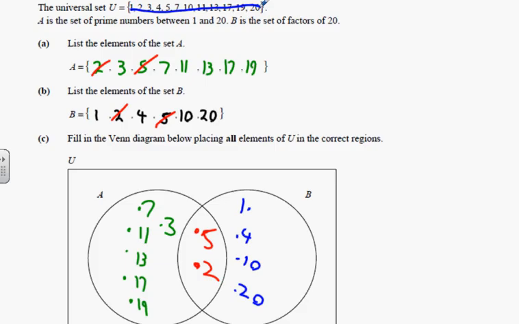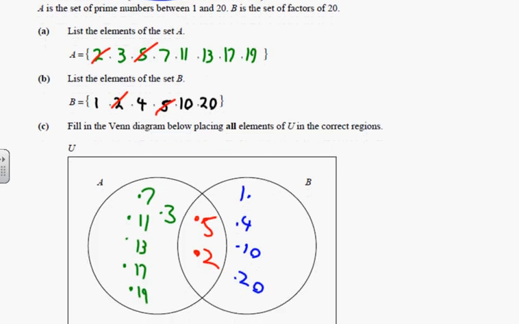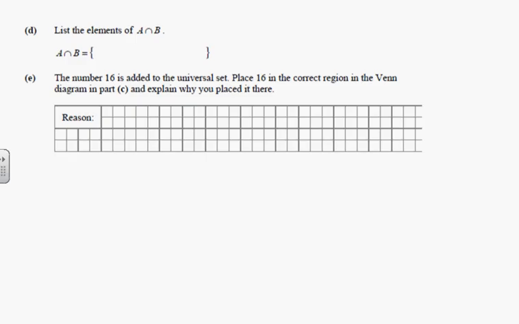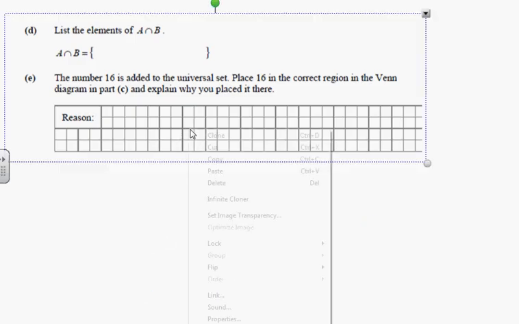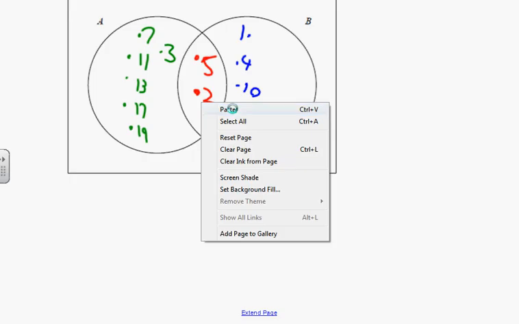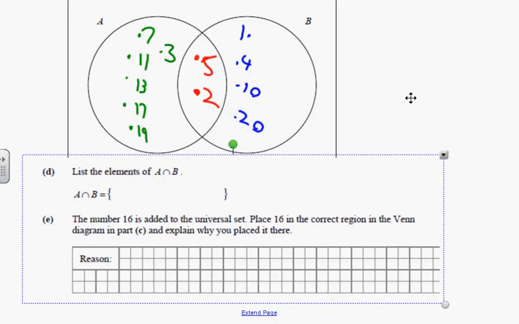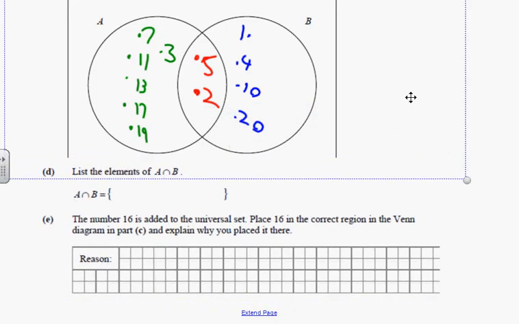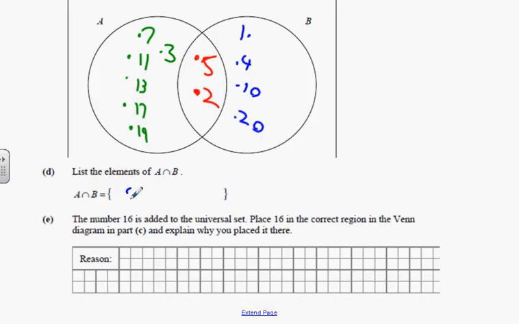Now, what do I have to answer with this? List the elements of A intersection B. So, A intersection B, guys, what do we get? 5 and 2.